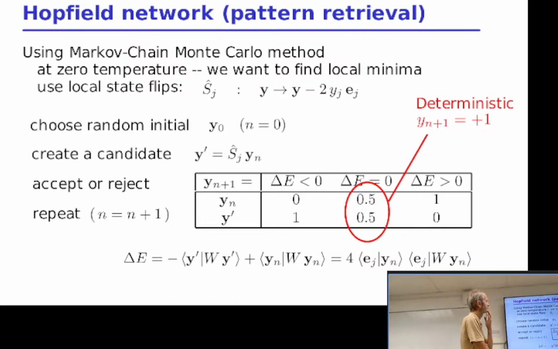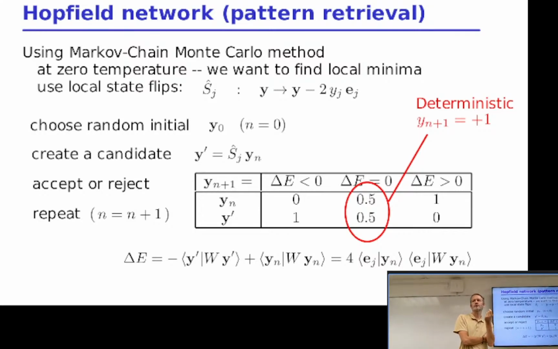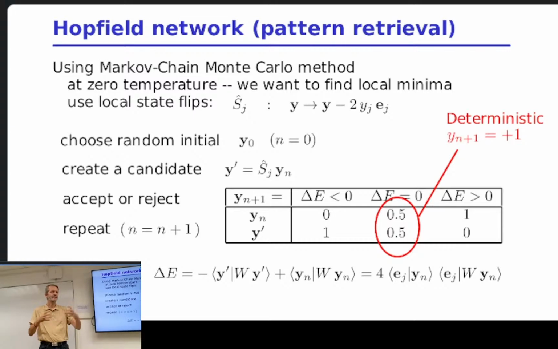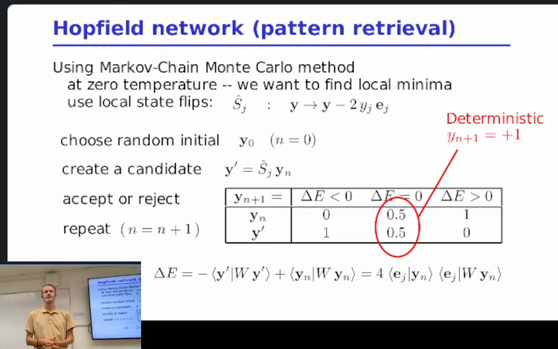Ideally, you should start with a vector which is close to some of the patterns. That's the general idea of an associative memory: you will not start randomly as if you have no information at all. You will start with something similar to the exact pattern you want to look at.